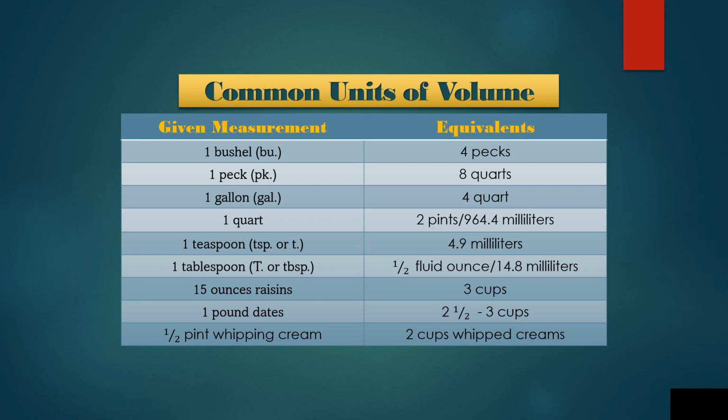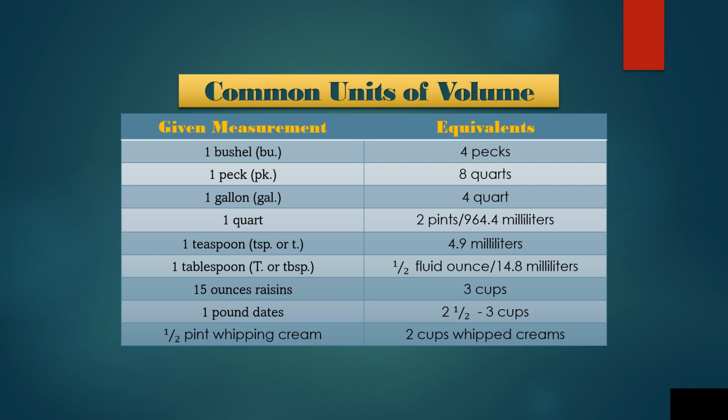And then 15 ounces of raisins is equivalent to 3 cups. And then 1 pound dates is equivalent to 2.5 or 3 cups. And then last is 1 half pint of whipping cream is equivalent to 2 cups of whipped creams.